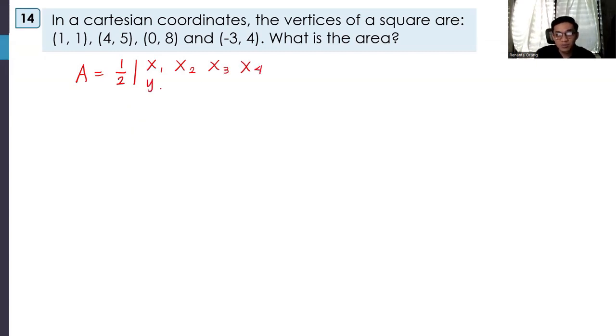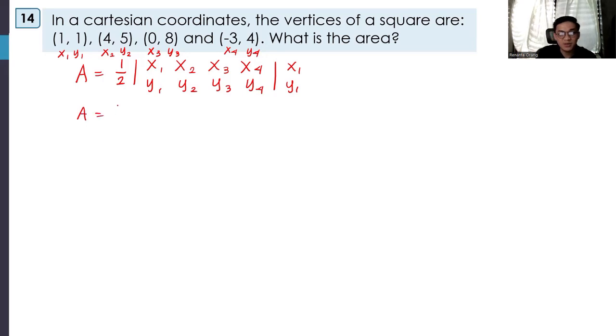Sa baba, y sub 1, y sub 2, y sub 3, and y sub 4. Close parenthesis, x sub 1, y sub 1.